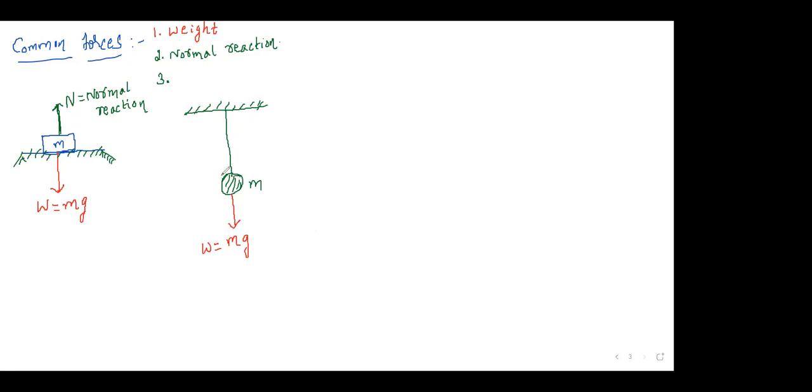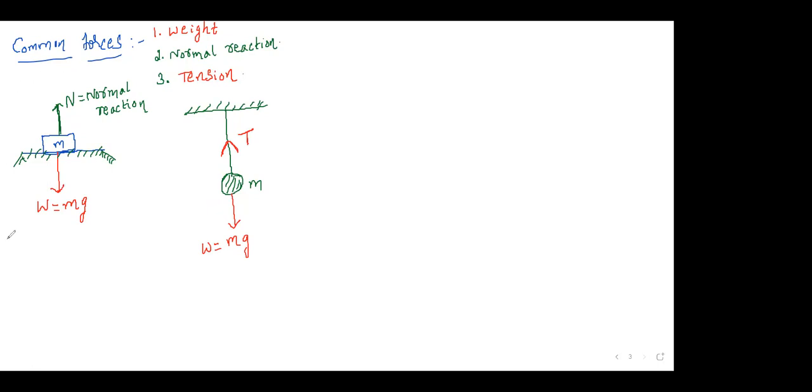Because the object is not connected with a surface. It is hanging by the help of the thread. Then there will be some upward force acting on the thread. That upward force is called the tension T. So we are talking about weight, the normal reaction, and the tension.